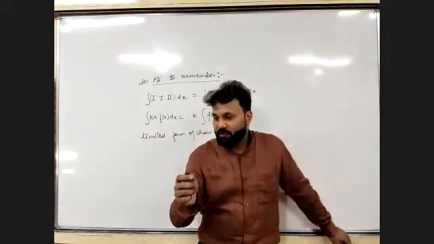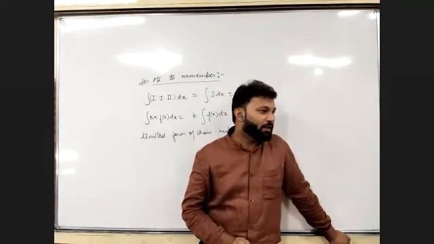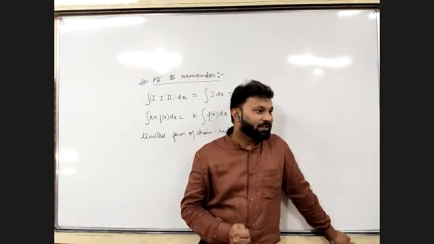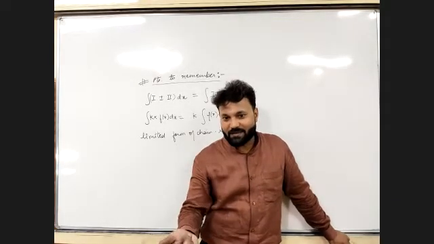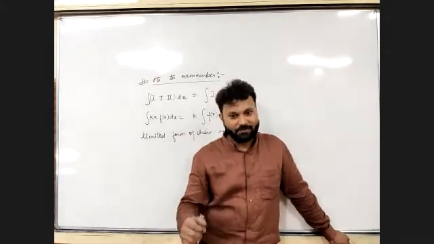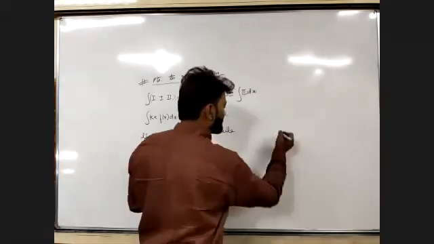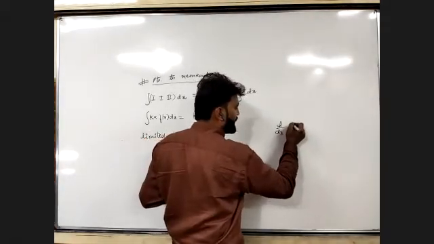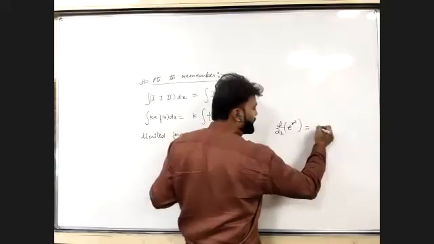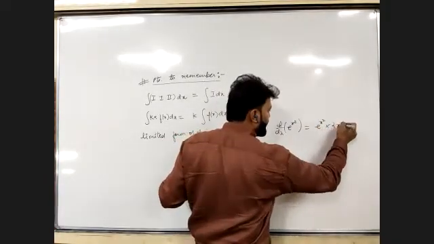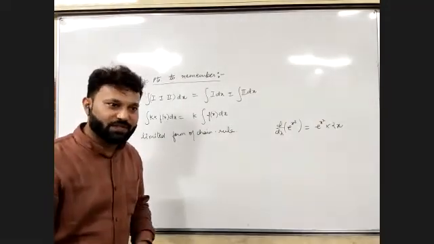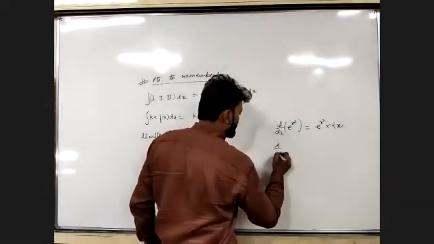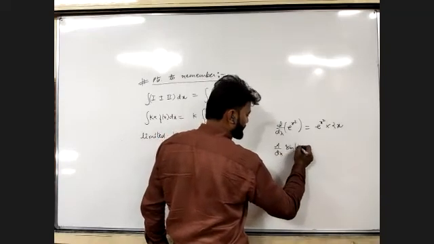Like what will be the differential of e to the power x square? E to the power x square into 2x. The differential of x square will be 2x. Let me write it down: d by dx of e raised to the power x square will be e raised to the power x square into 2x. Do you remember this? We've done so many questions of differentiation like this. d by dx of, like we were just doing, sin log x.